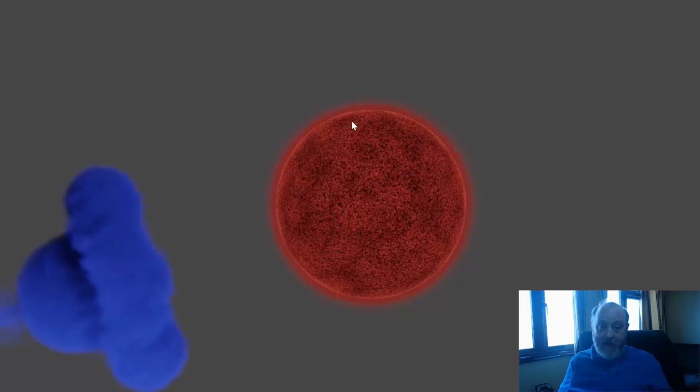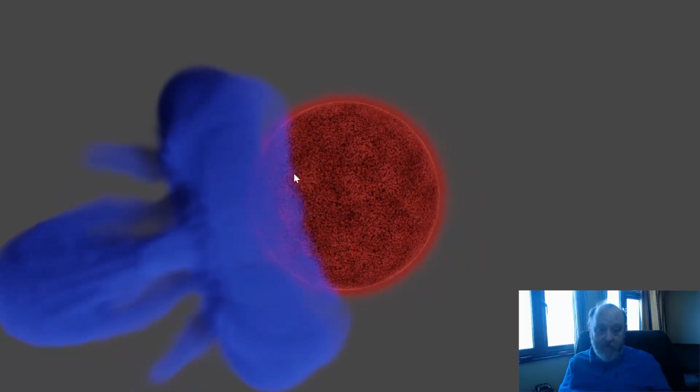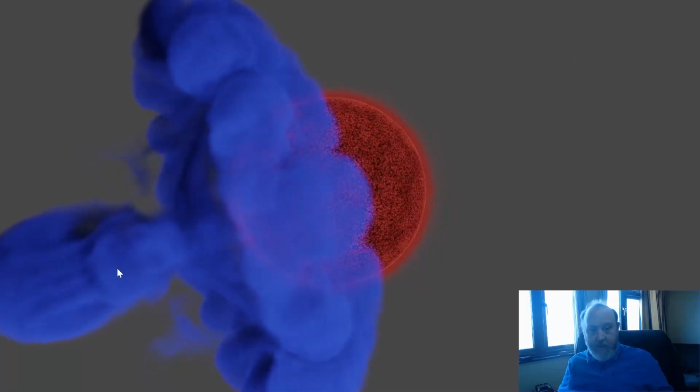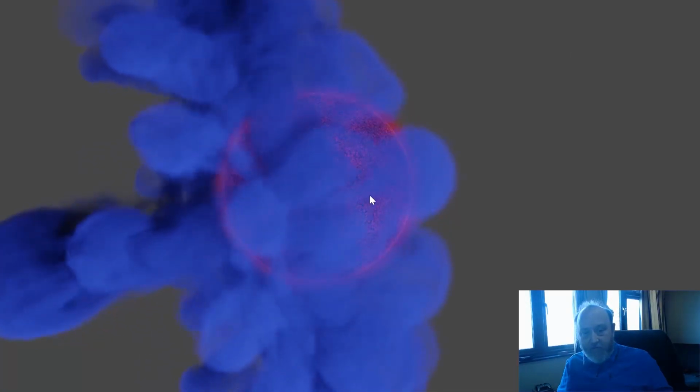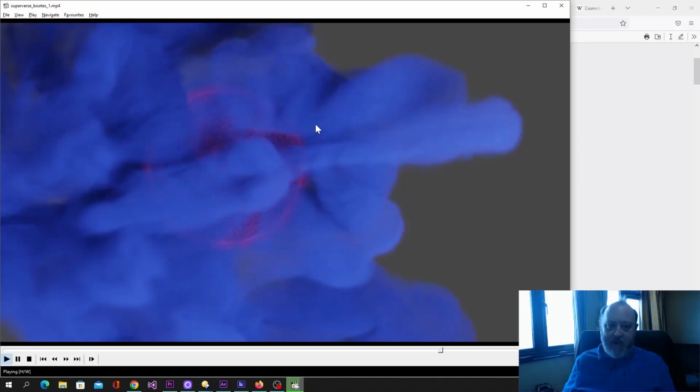But in its path, there is a star. There is a foreign object of the superverse, and our universe flows around it as it all moves in the same general direction.